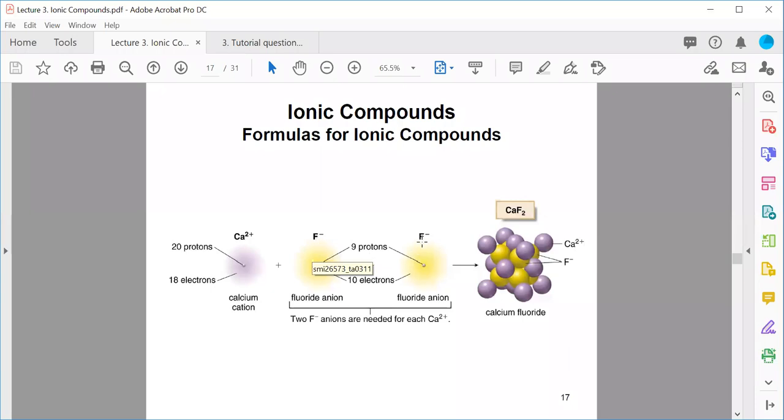We need 2 of these fluoride anions for every 1 calcium. And that's exactly what we see in this formula for calcium fluoride. 1 calcium, 2 fluorides. So remember, when you see that number as a subscript, it indicates the number of atoms of that particular element. So for example, 2 fluorides to form calcium fluoride.